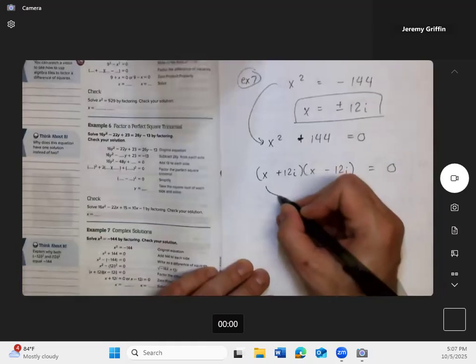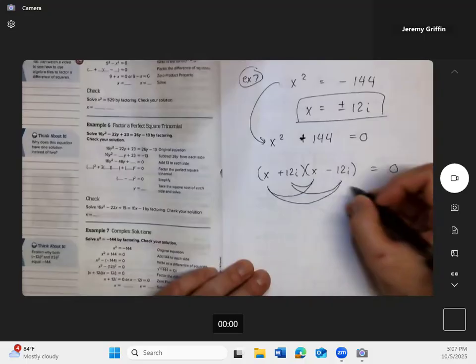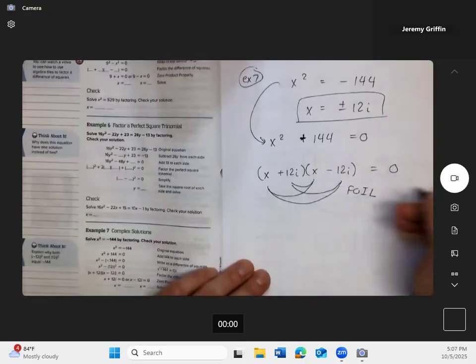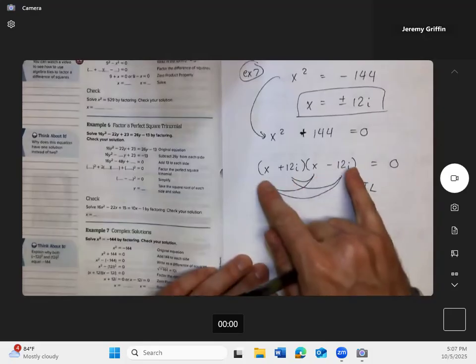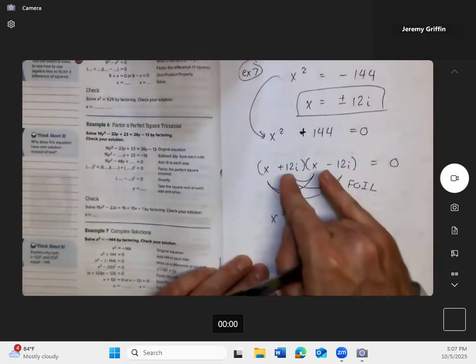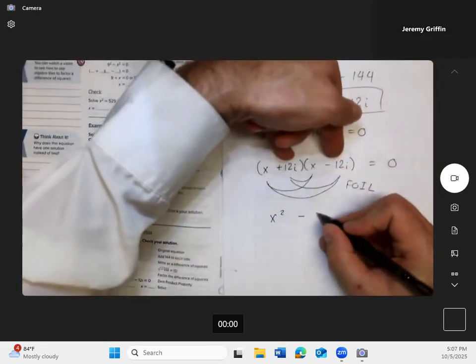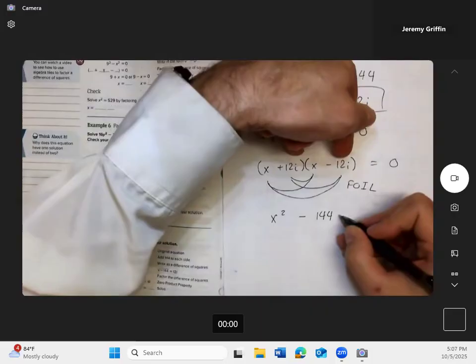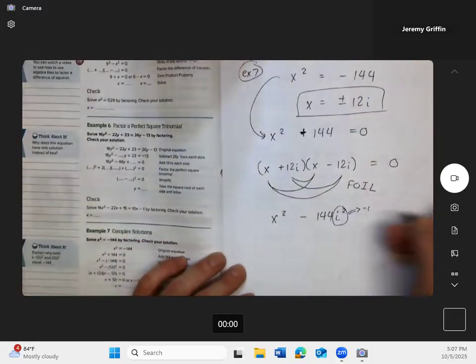So if I FOIL this out, F-O-I-L: first, outside, inside, last. x times x is x squared. Outside, inside cancels out, so negative 12ix, 12ix goes away. And then I have minus 12 times 12, which is 144, and then i squared. But i squared, you guys know, is equal to negative 1.